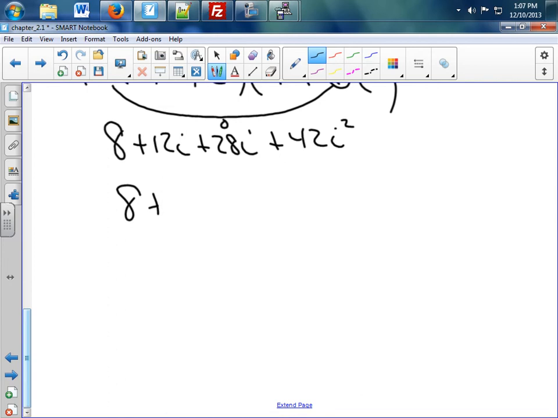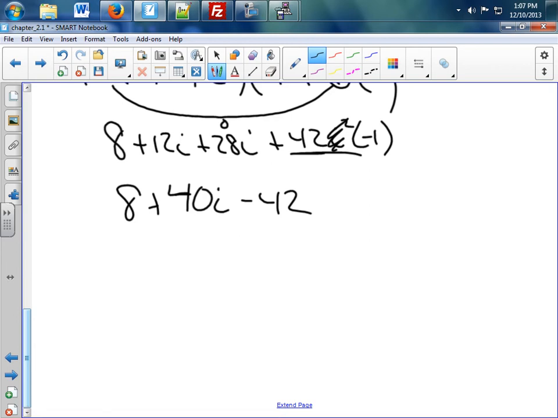We can add these together. That becomes 40i. Now, James, what does i squared become? Negative 1. So that becomes negative 42.